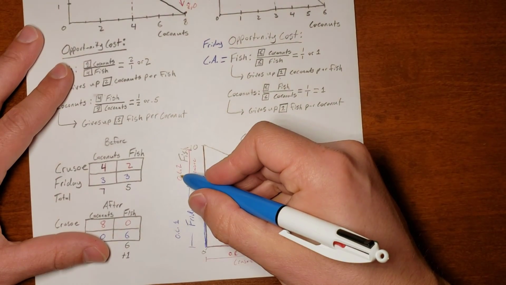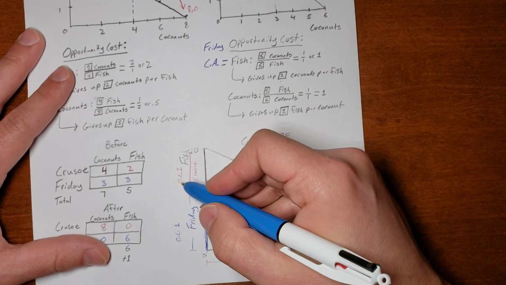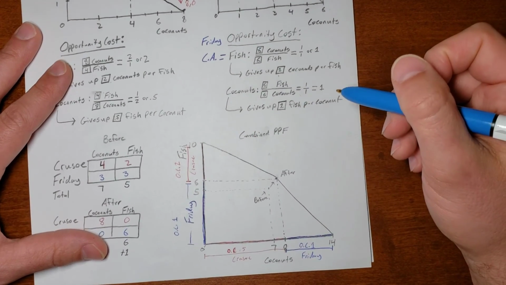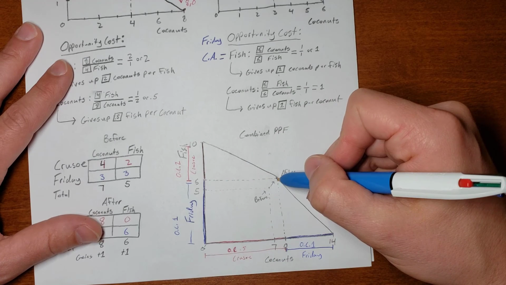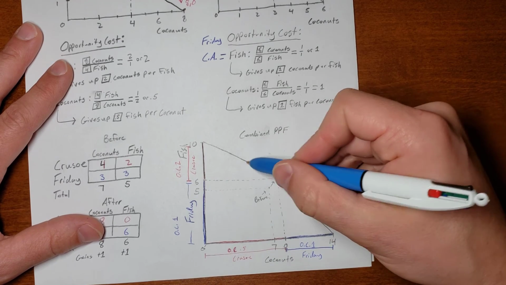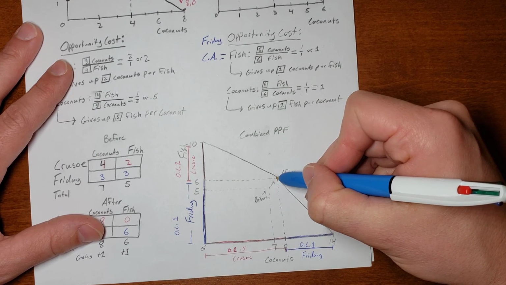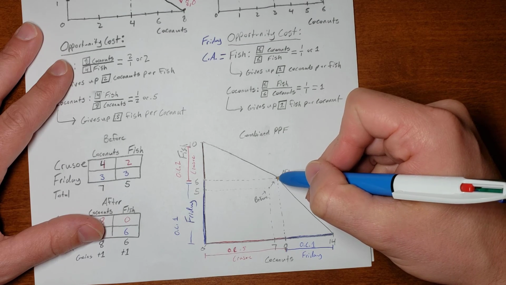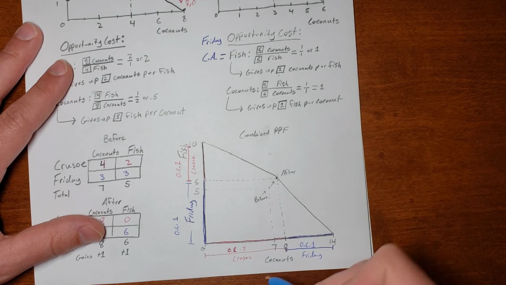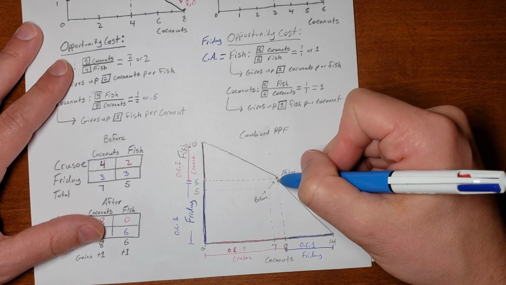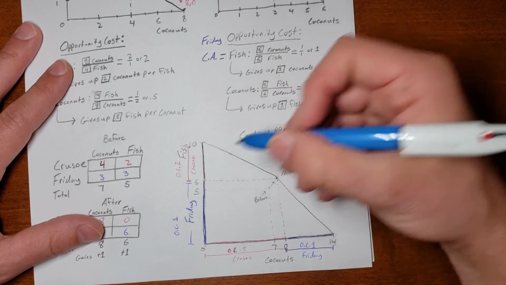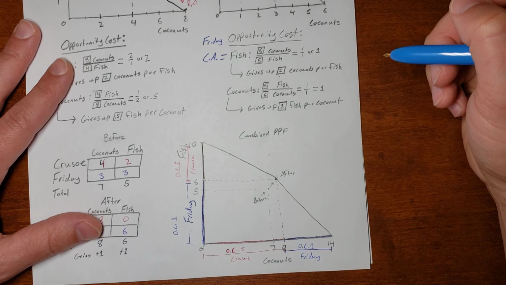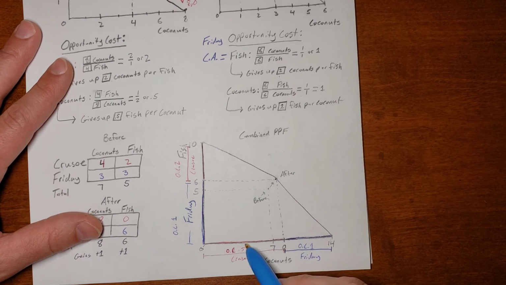The opportunity cost is getting higher as the production of fish goes higher. And what you start to see is as you increase in the fish production, once you hit this point, you start pulling Caruso away from the production of what he's good at, in this case it's coconuts, so that he can be relatively less productive in the production of fish. And the same would be true for Friday.